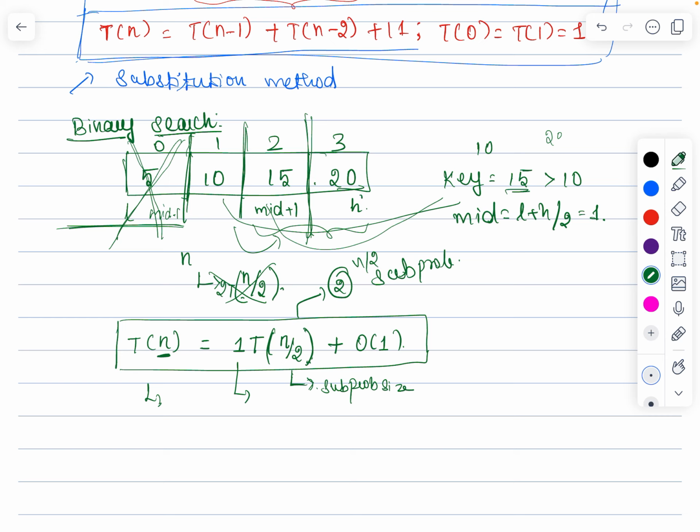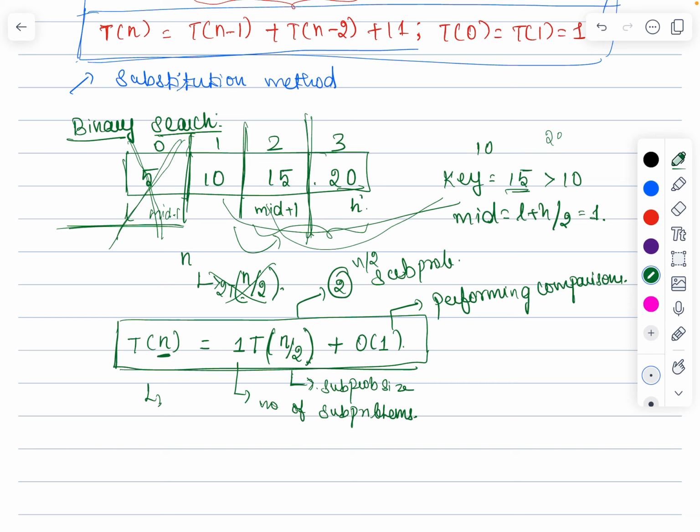This indicates the number of sub problems we are going to concentrate on in each iteration. And this one is for performing comparisons. This is the example recurrence relation where the dividing function is involved.